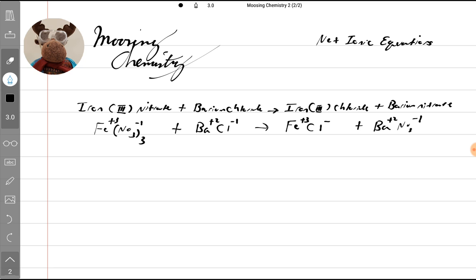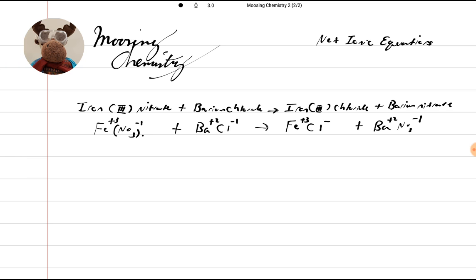Let's take care of that first. This would be 3, this is Cl2. We only put the brackets if it's a polyatomic ion. Then we crisscross the 3 here, and this nitrate is going to get the 2 down here. Now we've got that done.